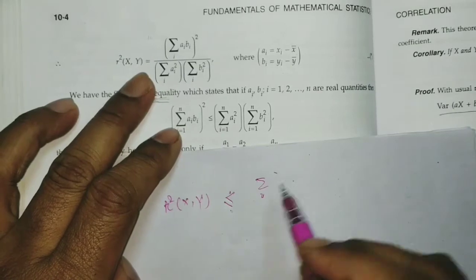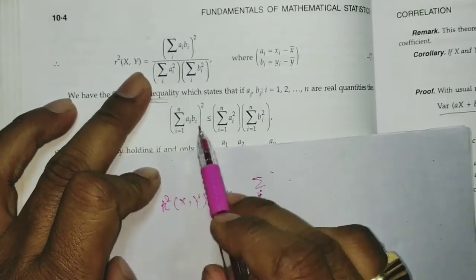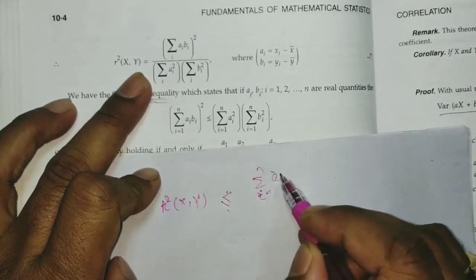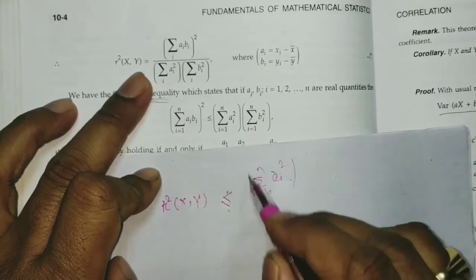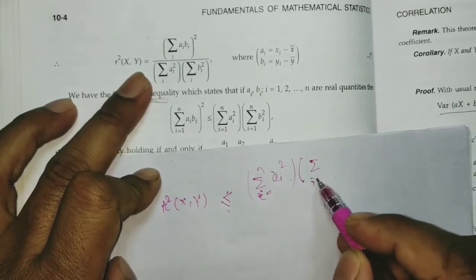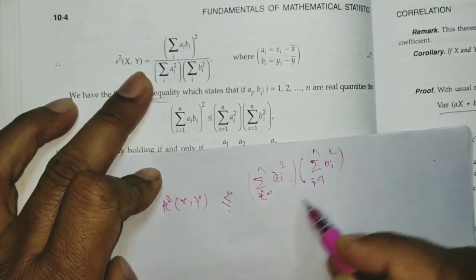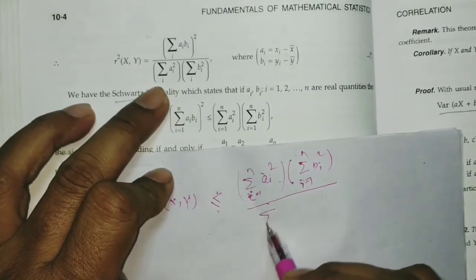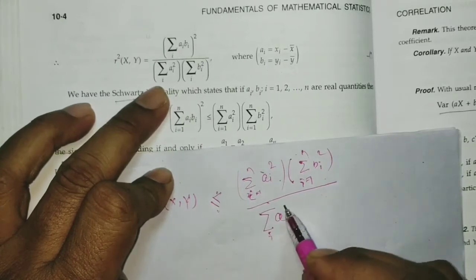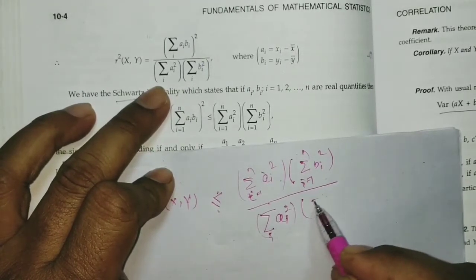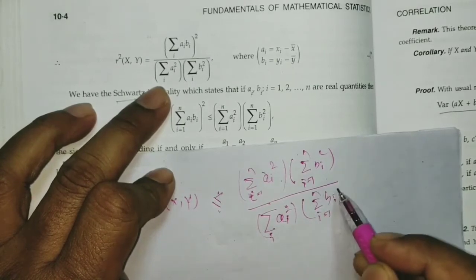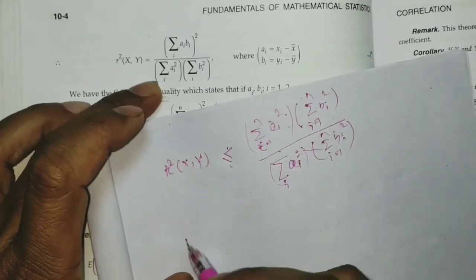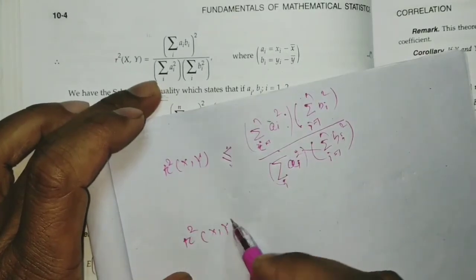Since this one is less than or equal to this much, we have summation over i equal to 1 to n of ai square into summation over i equal to 1 to n of bi square, and in the denominator we also have the same terms. So numerator and denominator got cancelled, and we found r square xy less than or equal to 1.